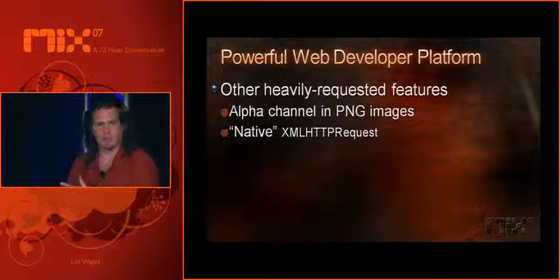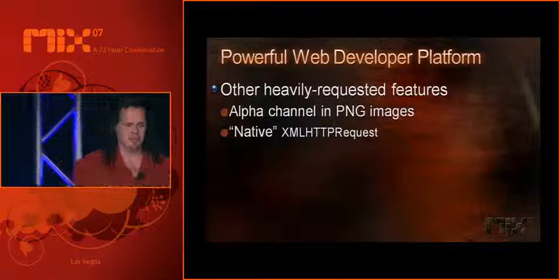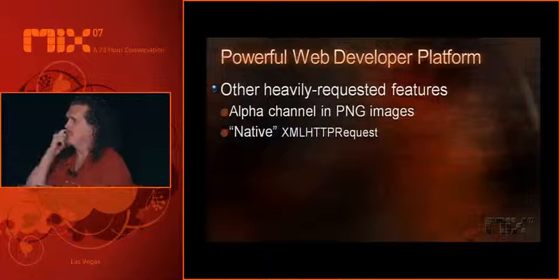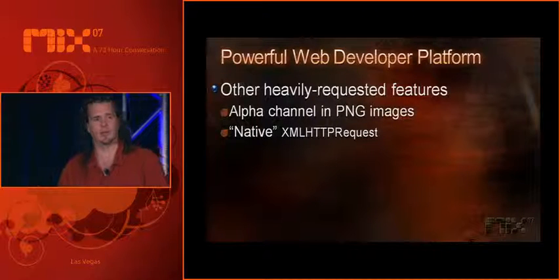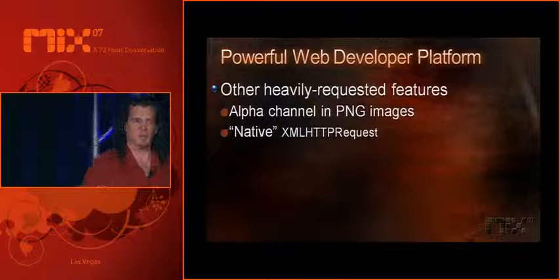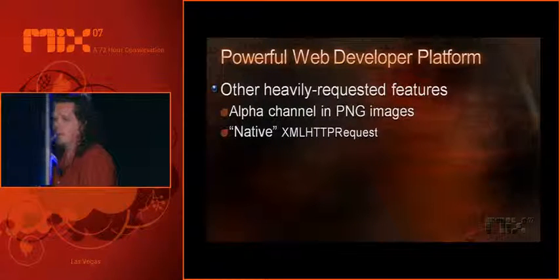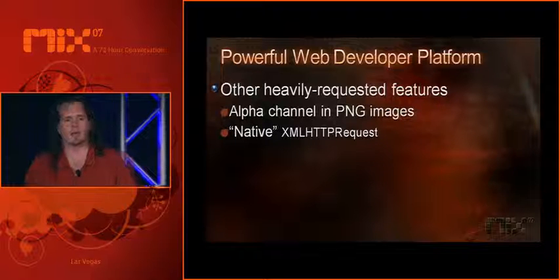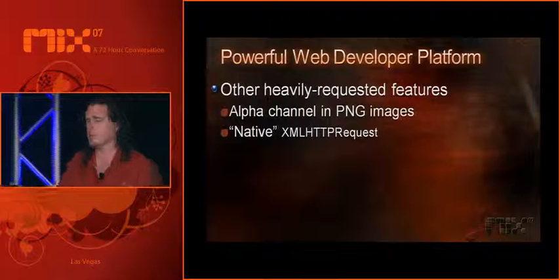And alpha channel in PNG images, that was a huge one, it always gets some form of appreciation. And providing an interoperable JavaScript API for doing XML HTTP requests. This was an interesting one because we actually built XML HTTP request in 1998. And then the other browsers actually picked this up in that interim time between 2001 and 2005.